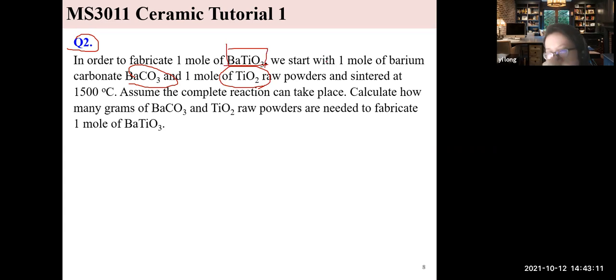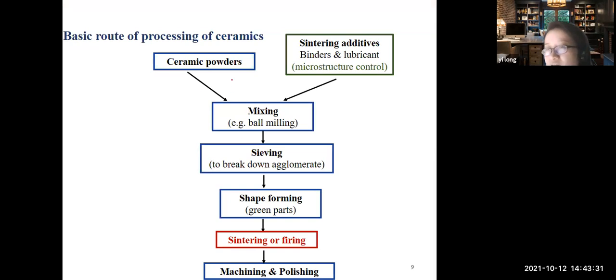Calculate how many grams of the starting powders are needed to produce 1 mole of this. It's what you have already learned, but it is such an important and critical step in the lab.